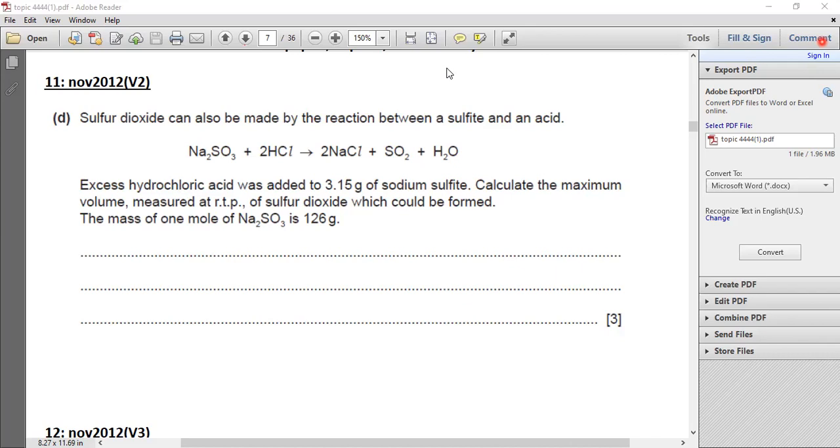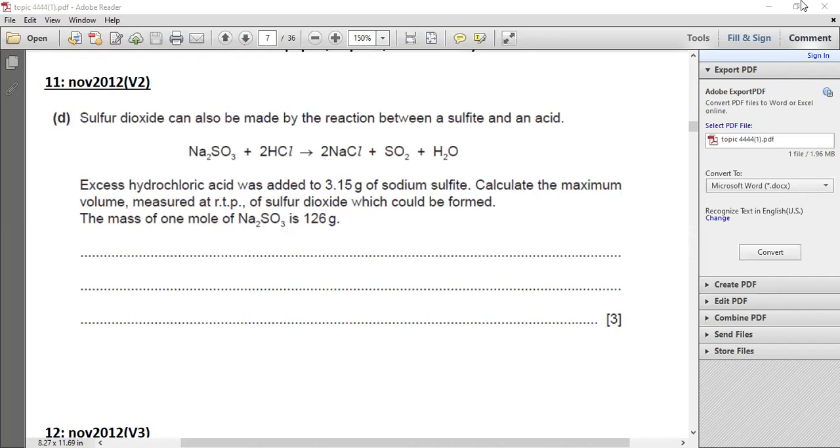Roa. Yes, sir. What will you do here? He asked us to calculate the mass of 1 mole of Na2SO3. What did he ask us?